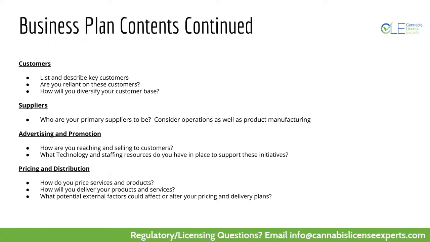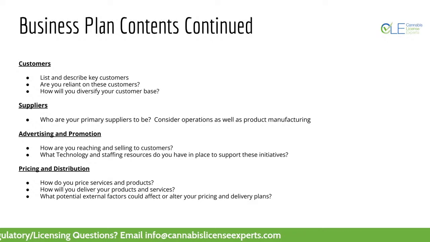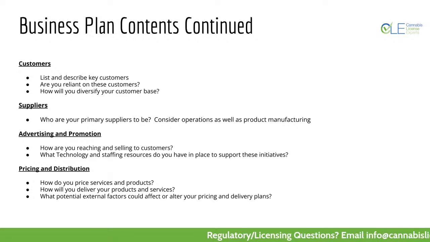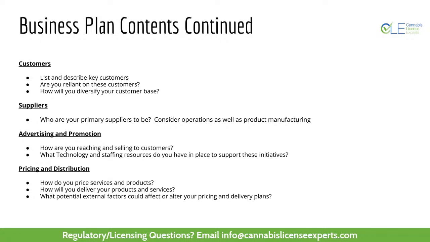What is the size of their market? Are you going to be completely reliant on these, or do you have potential variations to your sales channels to be able to adapt and pivot as market changes happen? And then how are you going to diversify your customer base? Start small, think real big.